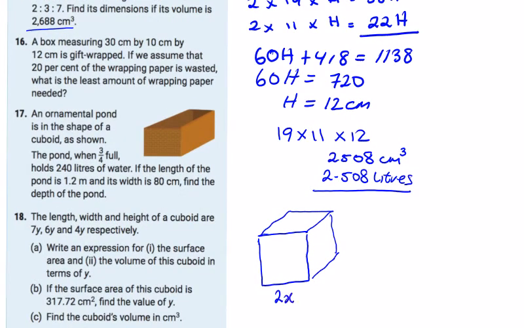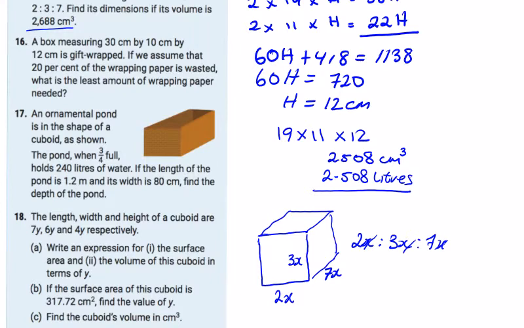So we could call them 2x, 3x, and 7x. Dividing by x, 2 to 3 to 7. So that would work.